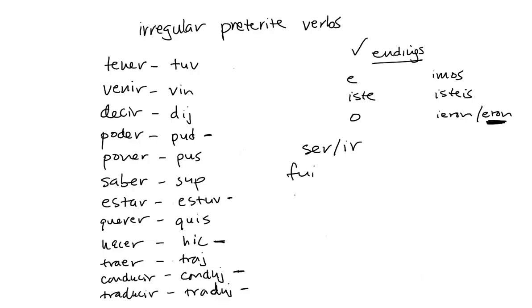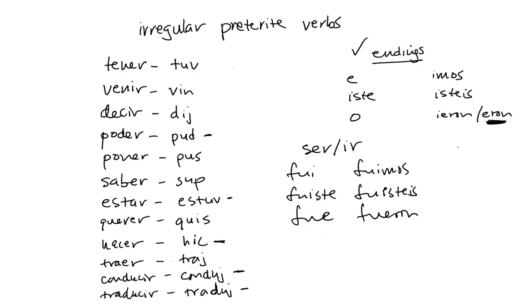That is fui, fuiste, fue, fuimos, fuisteis. It's not accented. Fueron. If you read an older text, that is literature that's more than 50 years old, sometimes you'll see the accent on fui and fue, but it is no longer there in modern Spanish. So ser and ir are both conjugated the same. So fui could be I was or I went.